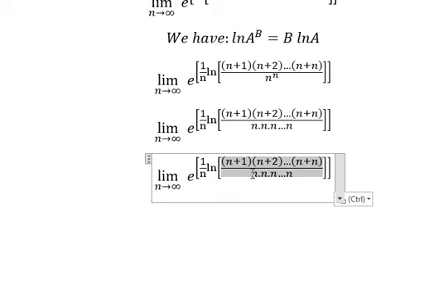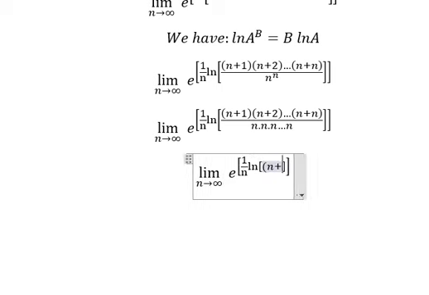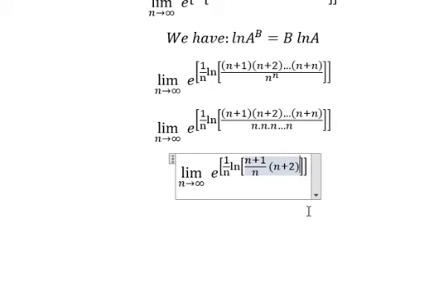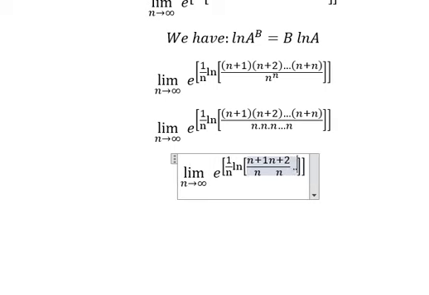So we have like this. N plus number 2 over n. And so on in here.